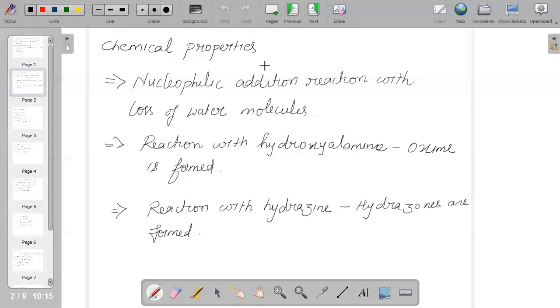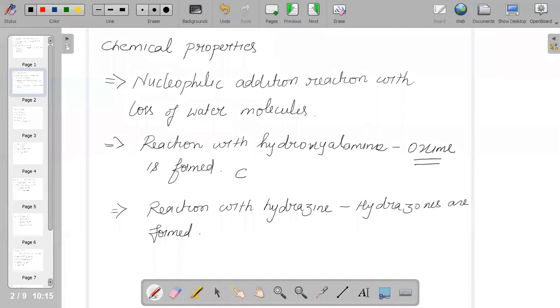For example, if the reaction occurs with ammonia and its derivatives, there will be a loss of a water molecule from it. And if an aldehyde reacts with hydroxylamine, the product formed will be oxime.